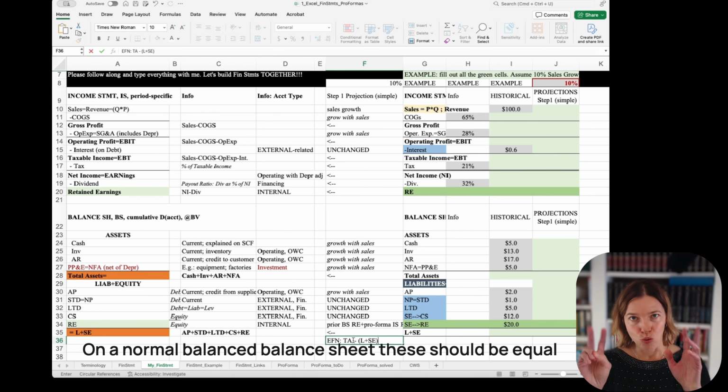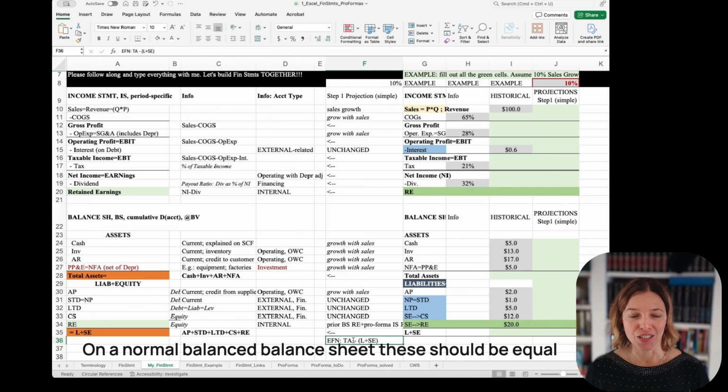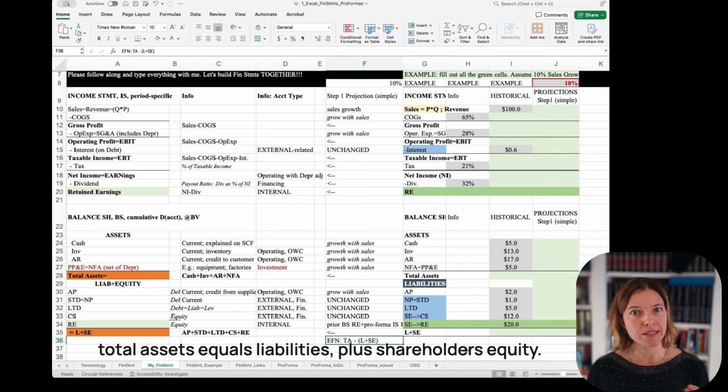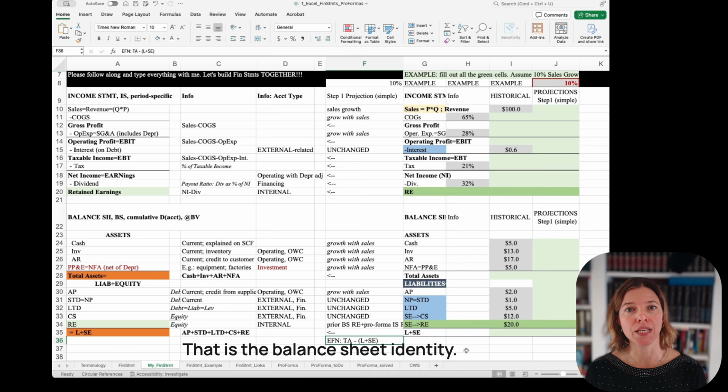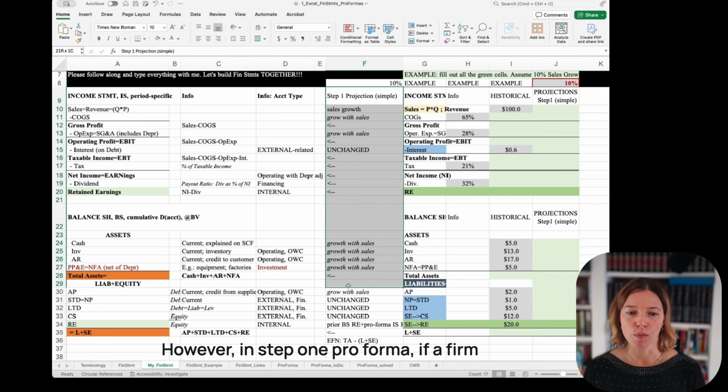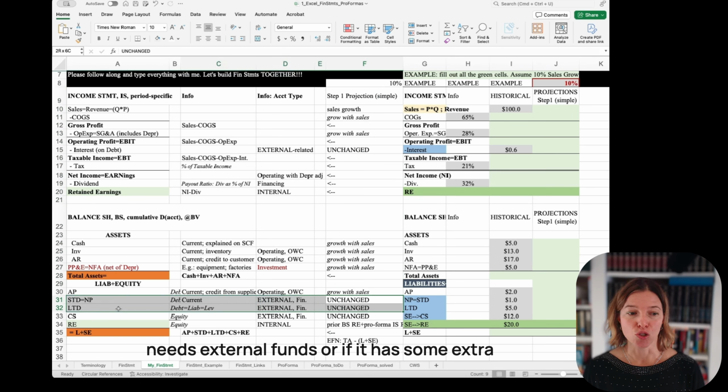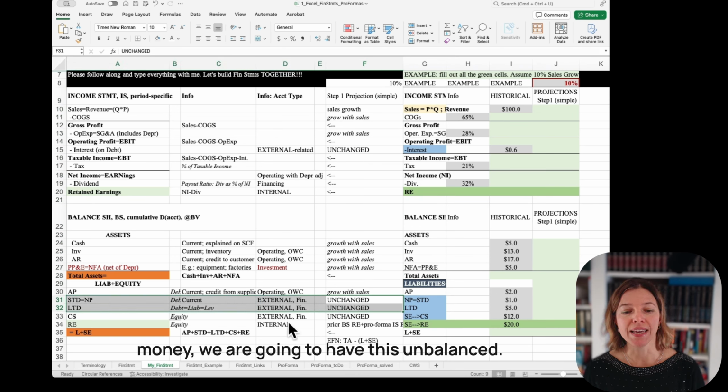On a normal balanced balance sheet, these should be equal. Total assets equals liabilities plus shareholders' equity. That is the balance sheet identity. However, in step one pro forma, if a firm needs external funds or if it has some extra money, we are going to have this unbalanced.